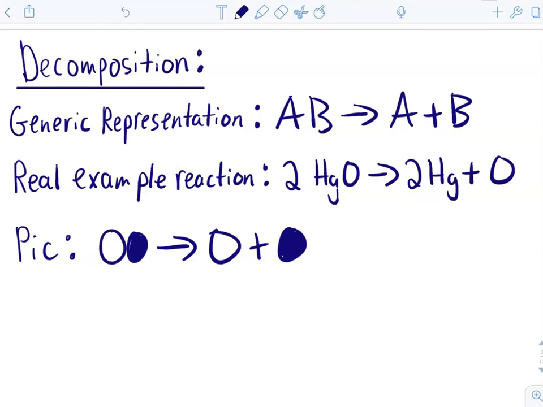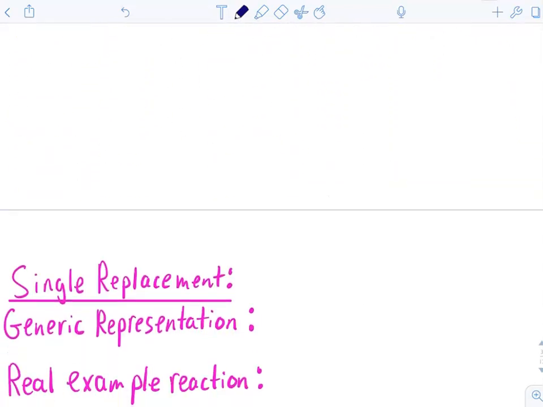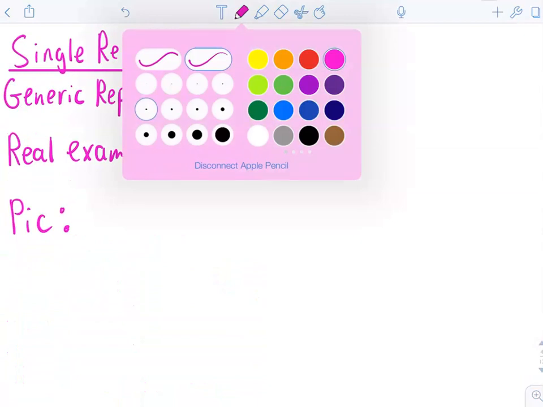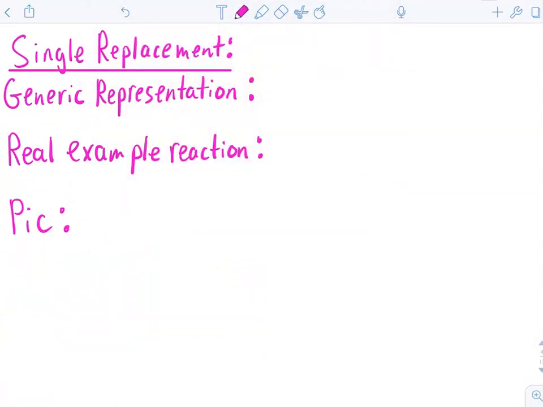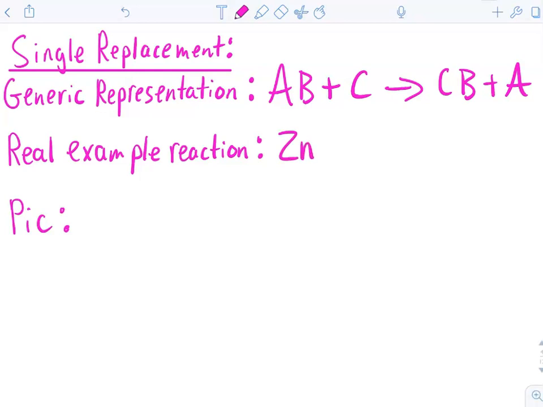Okay, then we have single replacement. And single replacement is like what the name says. You're having one thing being replaced. So for example, generically, this would be AB plus C is going to form CB plus A. Now, here, we could have also said CA plus B, okay? Don't get tripped up in that part. If we look at a real life example, we would have zinc plus 2HCl yields H2 plus ZnCl2.